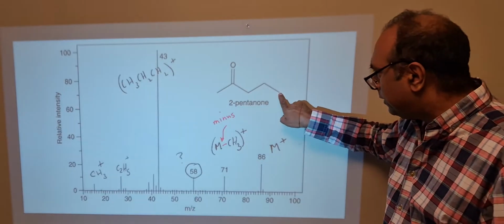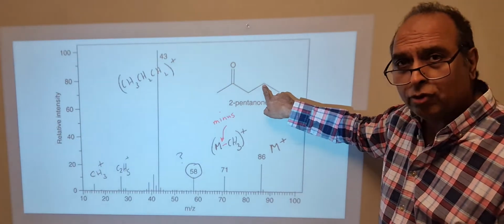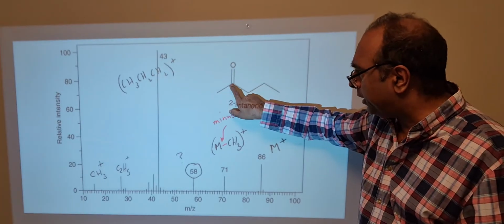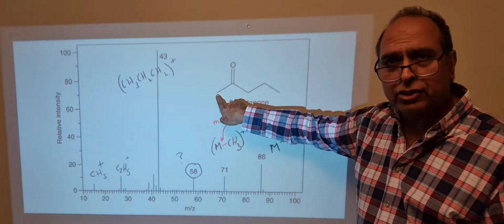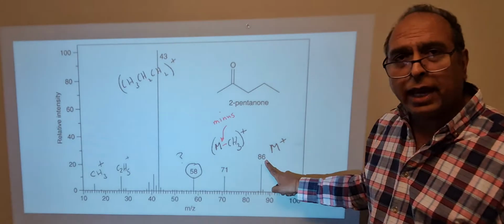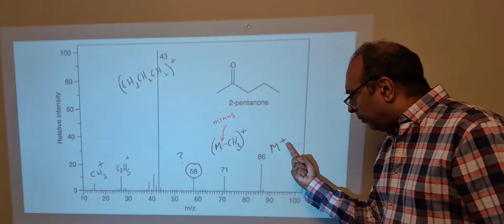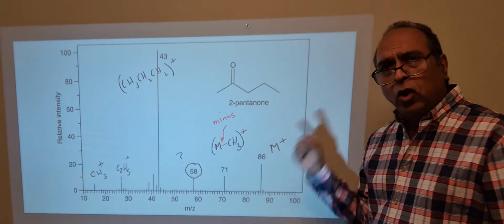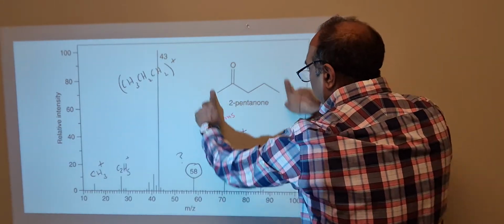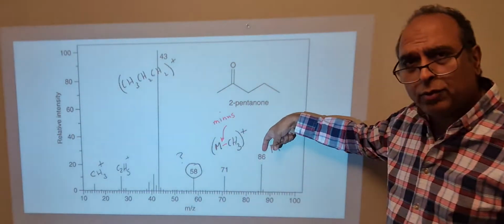If you add up here, that's a CH3, which is 15, CH2, 14, CH2, 14, a carbon and an oxygen, 12 and 16, and a CH3, which is 15. If you add up all of those, they add up to 86. So 86 is when the whole molecule has gone through, and I want you to label it with a positive charge. I could put brackets around that and label it, top right corner, with a positive charge. That's what that peak would be.